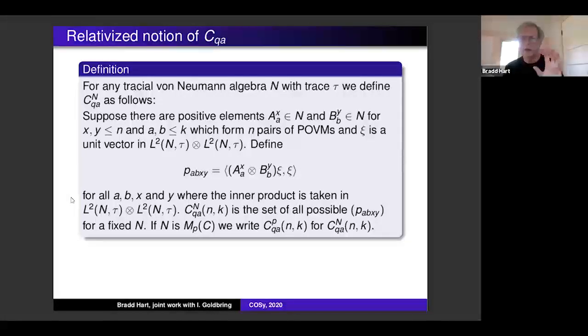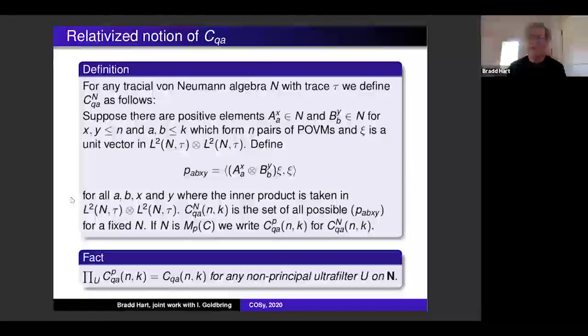So I just look at what happens on P by P matrices, the quantum correlation set restricted to MP of C. Here's a relatively easy fact to prove: if I take the ultra product, here I did use a U, Aaron, I apologize, the ultra product of CQAP of NK, it's not that hard to see that you actually get CQA of NK.